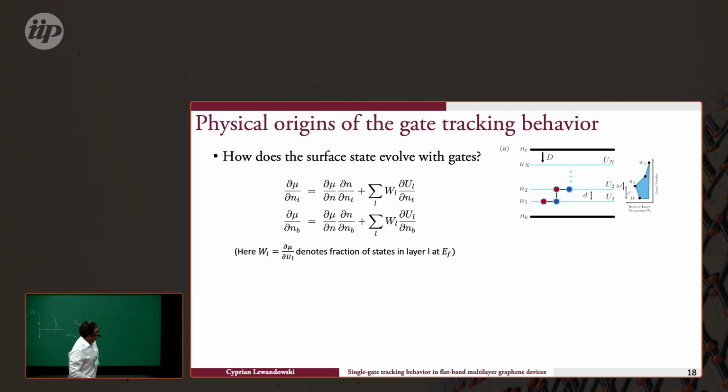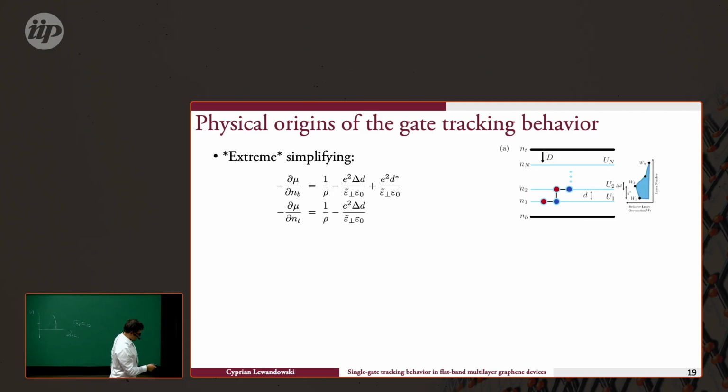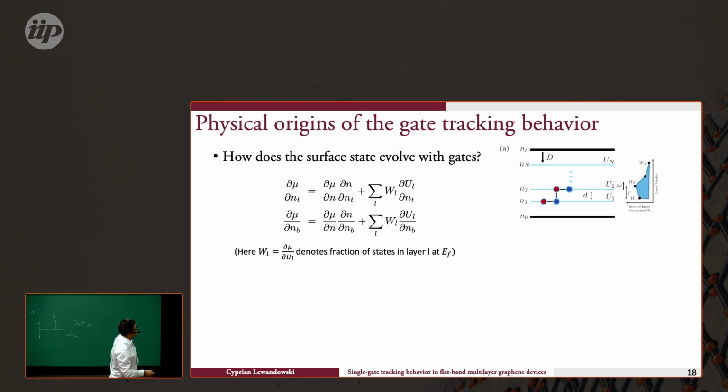Okay. And so the physical intuition for this is that if I have some state K, then it will have some unequal distribution of these W_Ls, but they all must sum to 1 because of probability density conservation.